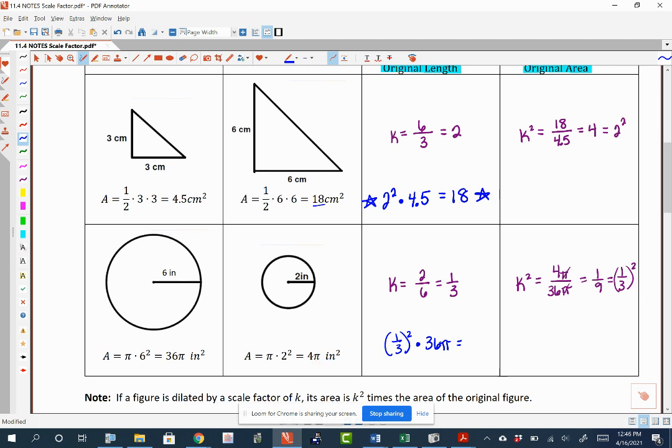Notice we want to keep it in terms of pi, so I remember that this is really 1/9, and 9 can simplify with 36 four times, so that's going to end up to be 4 pi. So there it happened for us again. If we found these ratios and we want to find area, we could just multiply the area of the original by that scale factor for that dilation. Kind of a cool idea. Let's look at the next page.